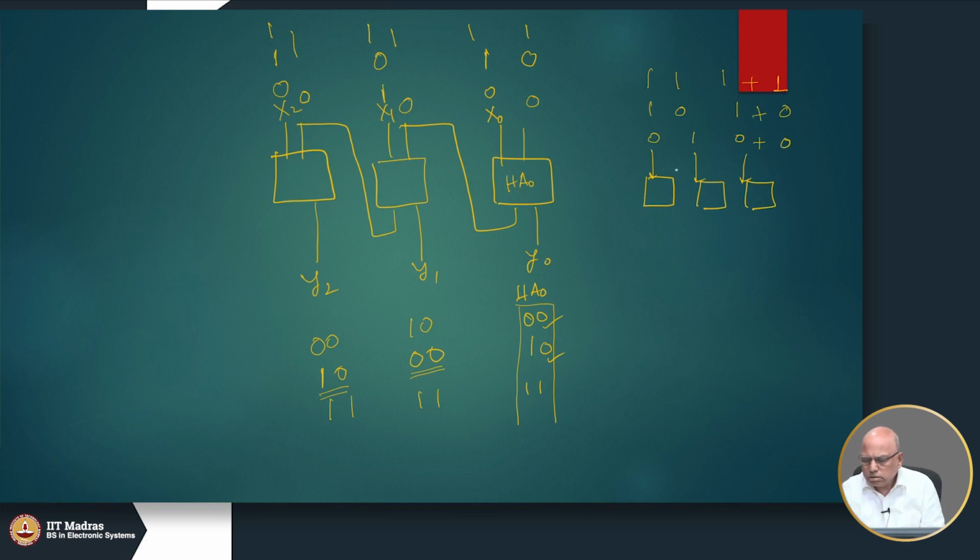So, I applied 0 1 0 plus 0, okay, and that caused 0 0 here, 0 1 here and 0 0 here. So, alternately I get 0 0, 0 1, 0 0 like that. When I apply 1 0 1 plus 0, initially I got 1 0 here, 0 0 here, and I think this is wrong now. Did I do it right?